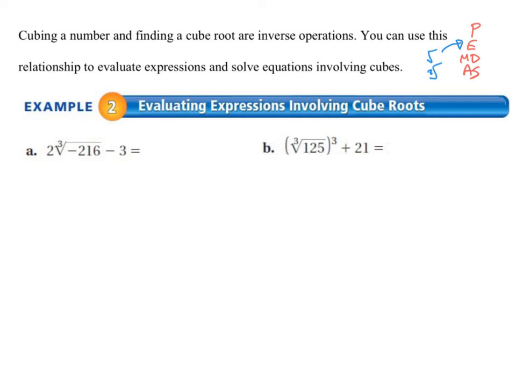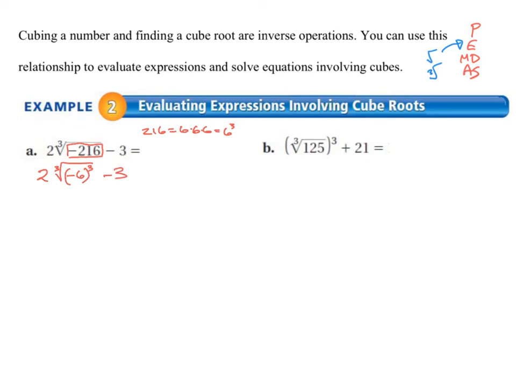So in example A, we've got 2 times the cube root of -216 minus 3. Hoping that you might remember from earlier when we started with the factor trees that 216 is 6 times 6 times 6, or 6 to the third. So that means -216 itself is the same as -6 to the third.